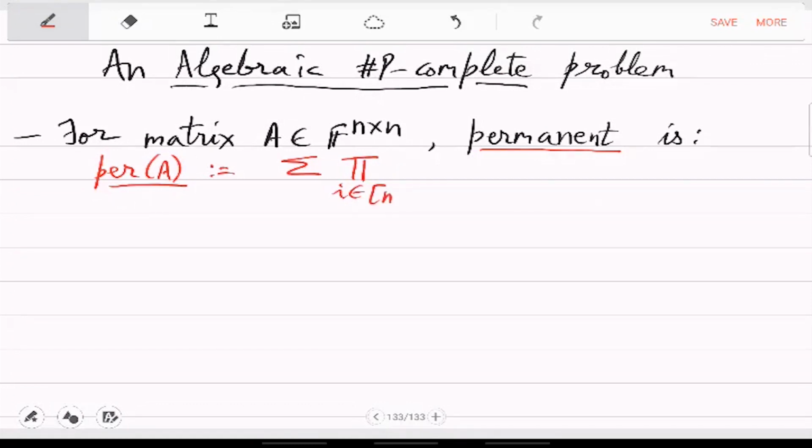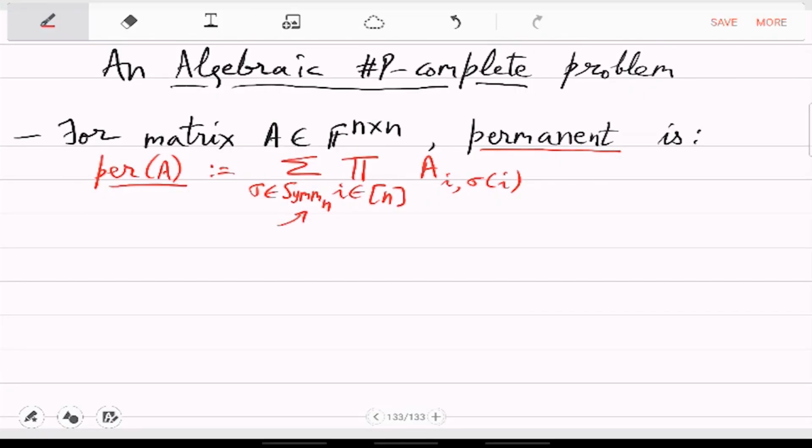So the sum over i in [n] of a_{i, sigma(i)}, over all the permutations sigma. Okay, so S_n is the symmetric group, the group of symmetry on elements 1 to n, so it has size n factorial, and basically if you think of i as indexing the rows of the matrix A, then sigma is just picking distinct columns and mapping them to the rows.